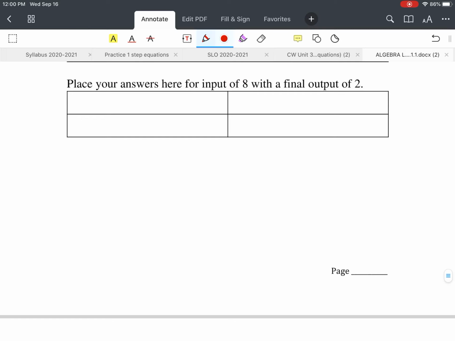So I'm going to scroll down, and right here I'm going to write down number 1, and it is y equals negative 2x plus 34. So wherever I see that x, I'm going to erase it and replace it with our input value, which was 15. So y equals negative 2 times 15 plus 34.